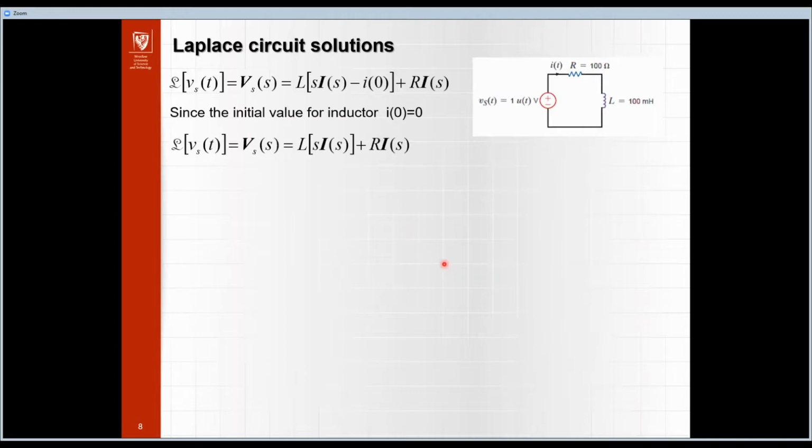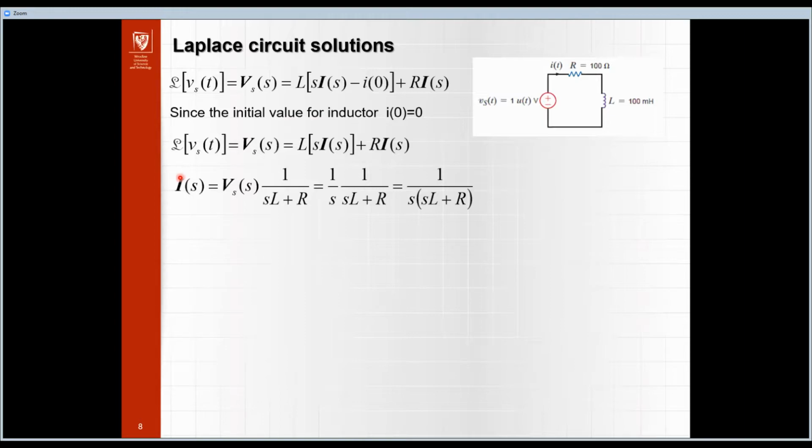Okay, and so we notice that because we don't know the initial value, we can assume that the current at the beginning is equal to 0. So this is equal to 0, and we have just the equation from this one. And now we can try to calculate from this the current, because for us the current as a function of time is interesting.